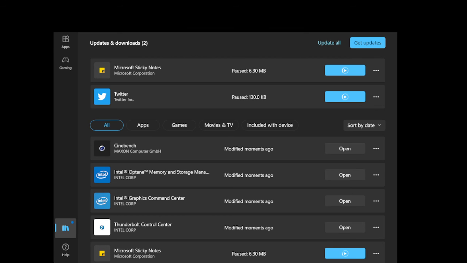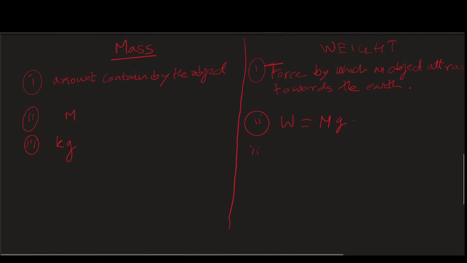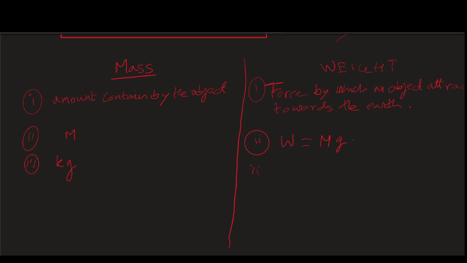So these are the differences between mass and weight. And weight can change if we change the place. Means if we go to the moon, weight will be 1/6 of the weight of the object on the earth, because the gravity of the moon is equal to 1/6 of the gravity of the earth.